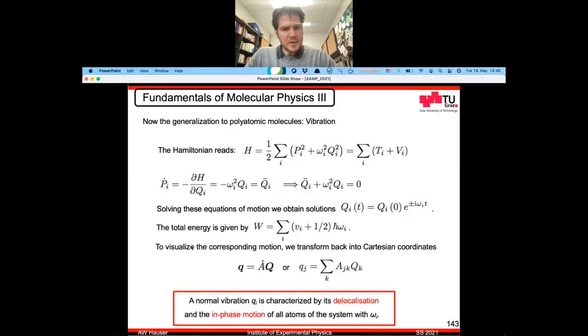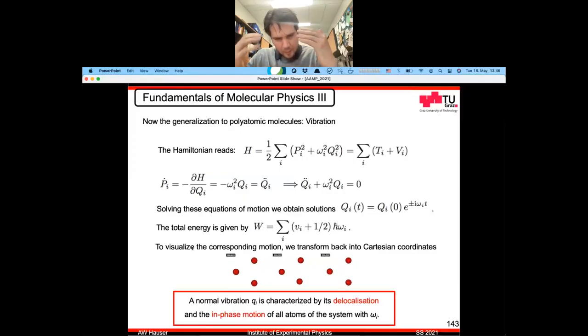And as I said, this is how the vibrations would look like in the case of a molecule consisting of 3 atoms. And one thing we should keep in mind is that the normal vibration as we describe it here, in these normal coordinates qi, is one way of how we can describe any type of geometry change in a molecule through a linear combination of these 3 vibrational motions, right?